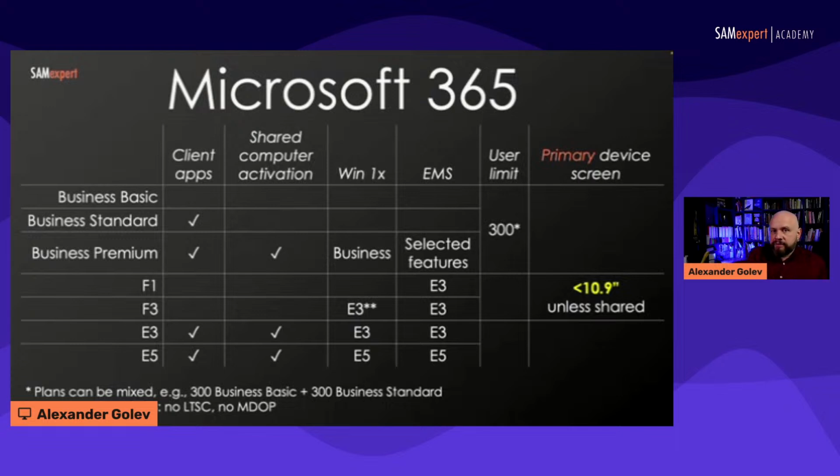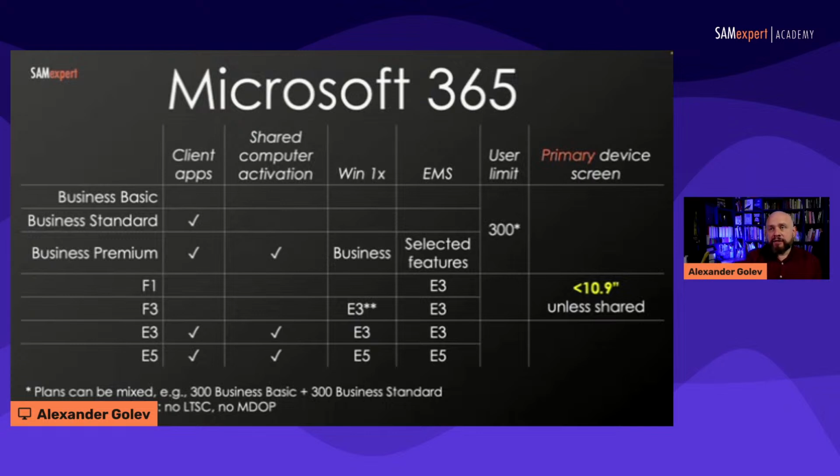It may be critical, because if you only license everybody with, for example, Business Standard, there's no shared computer activation, and you may not use that functionality. They would have to use the apps either on the web or on their desktops and laptops, but no server installation. So if you need it, you need to review a different plan.